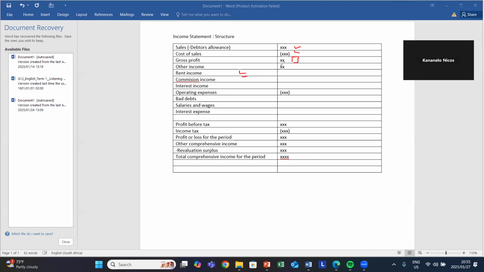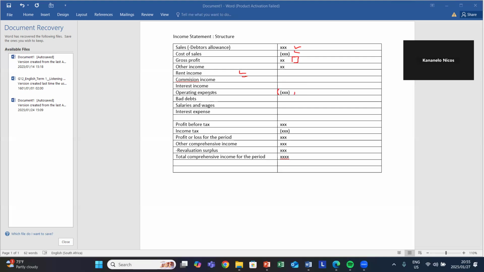Then let's go to the second component, which we call our expenses. Expenses should be in brackets. The total for your operating expenses should always be in brackets. Bracket means minus. With regards to your expenses, you have, for example, your bad debts.